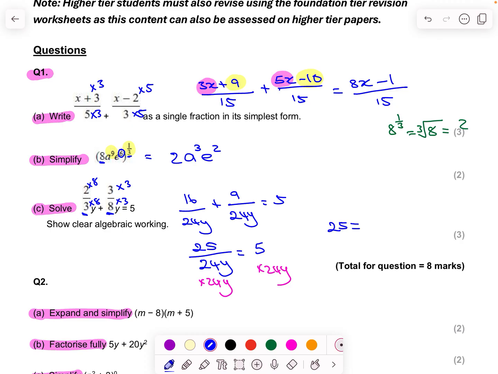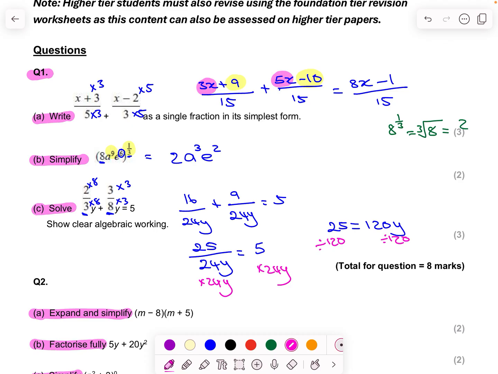Is 120. So I've got 120y. And then I divide both sides by 120, and I get that, that I will have to use a calculator for.